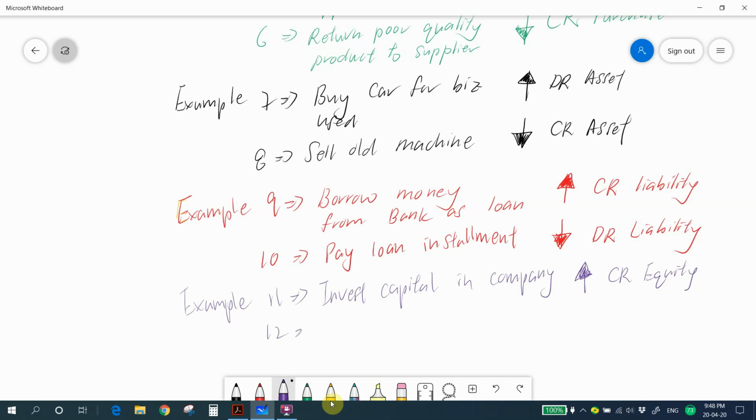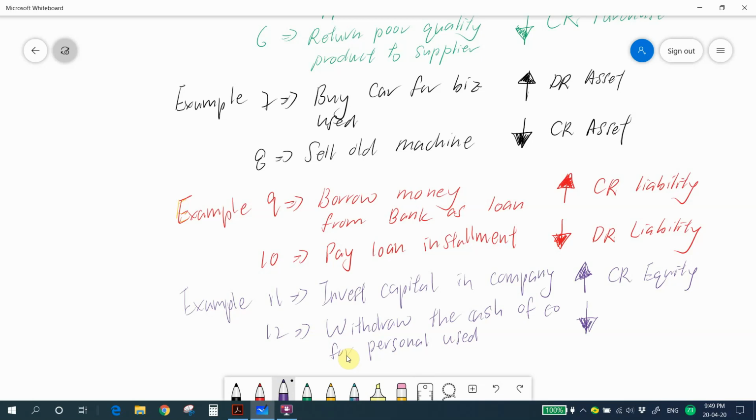Next example, when you withdraw the cash of company for personal use, it means that you are indirectly reducing the equity of the company, because once you take the money from the company equity will become lesser.